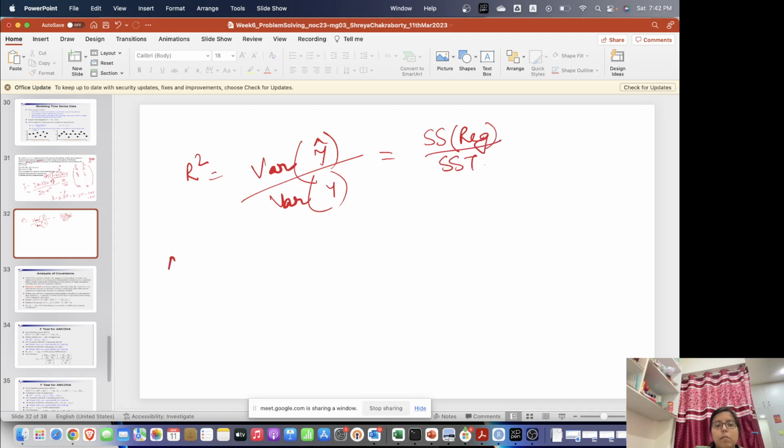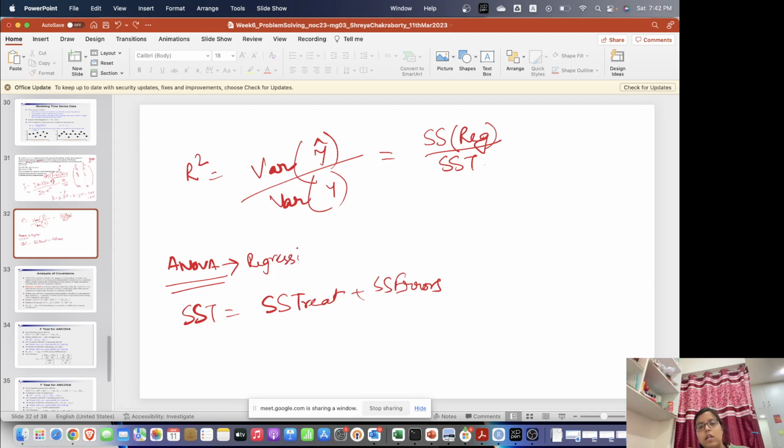If you remember, in ANOVA as well, the total sum of squares was split into sum of squares due to treatment plus sum of squares due to errors. So this is nothing but a special case of regression with dummy variables. Here also in regression analysis, we have the sum of squares total, which can be represented as sum of squares due to regression plus sum of squares due to errors.